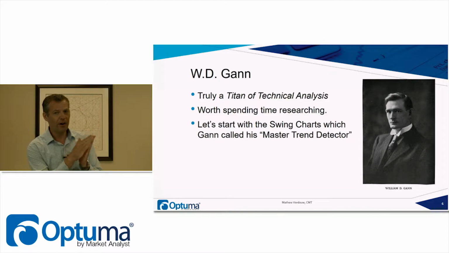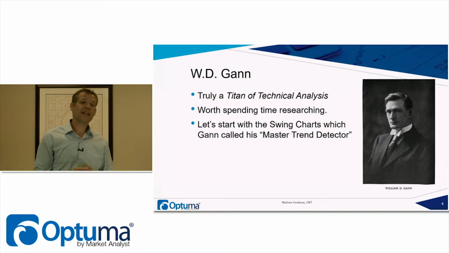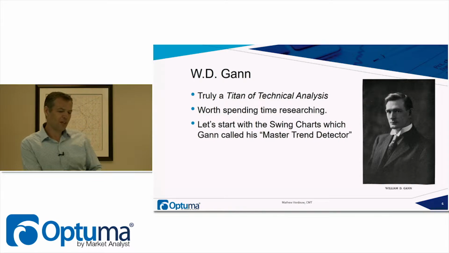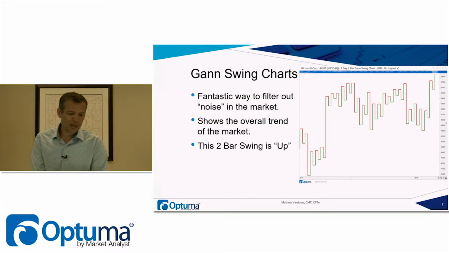We want to use our technical analysis to help us identify that, and then jump on board as quickly as possible, and obviously get off as quickly as possible when the indicators tell us that the trend has come to an end. And so that's what this is all about. The Gann swing charts are probably one of the best ways that I've seen of identifying the direction of the trend. So we'll jump in there and go through all of this.